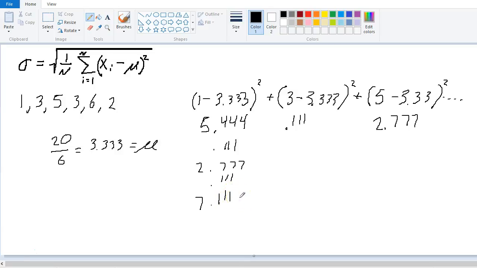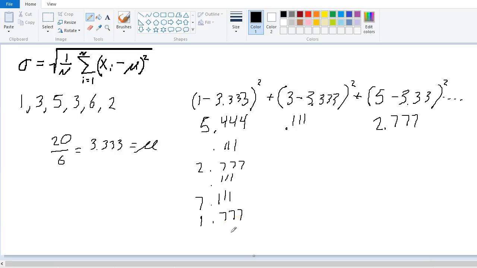And of course, the last one is 2 minus 3.333, and that's going to give us 1.777.